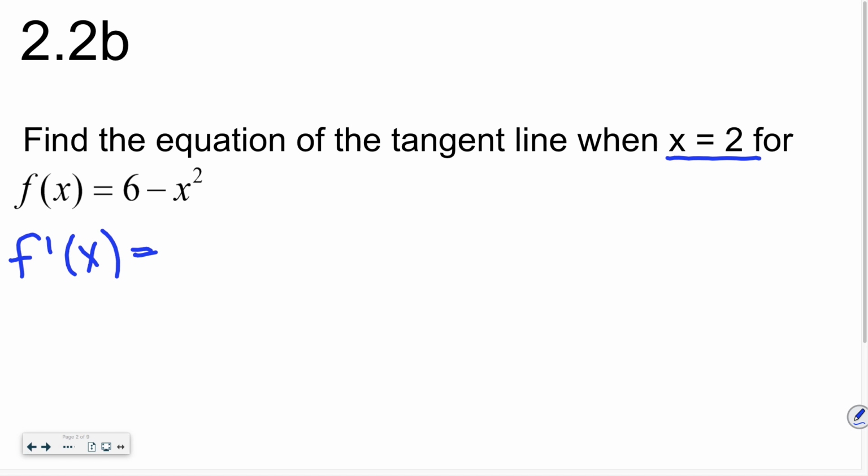6 minus x squared. Caitlin, what would be our derivative? 6 minus 2x. Colby, do you agree with Caitlin?